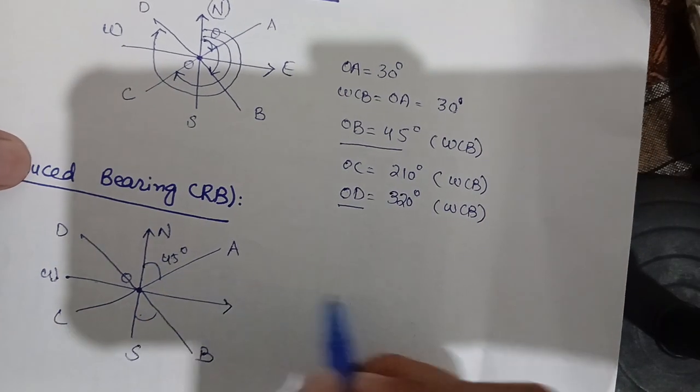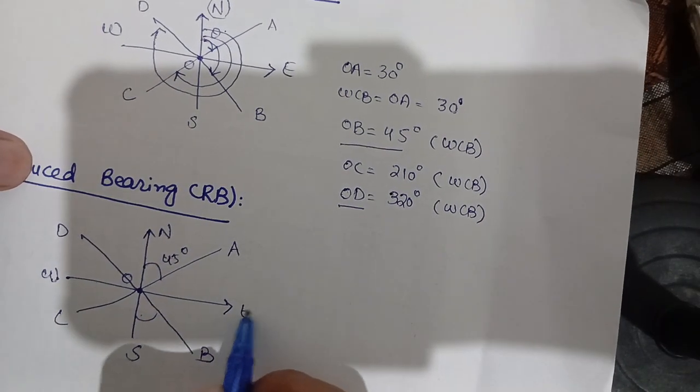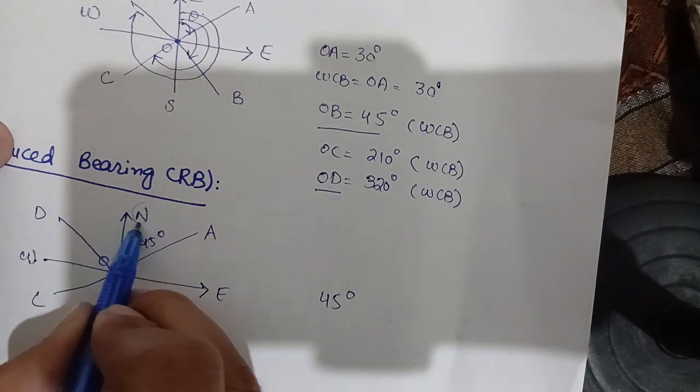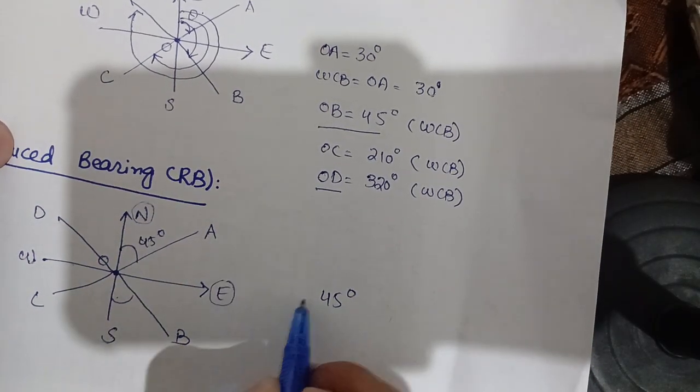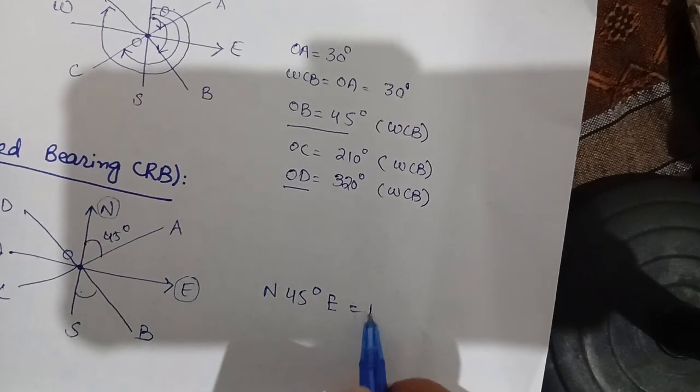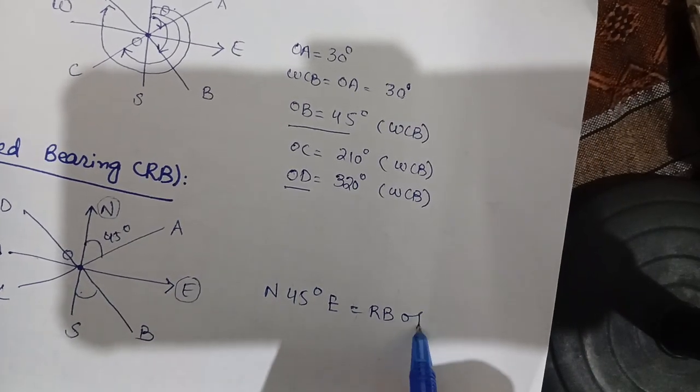45 degree. So 45 degree angle between the coordinates north and east, first we will write north then east, so this is the reduced bearing of OA.